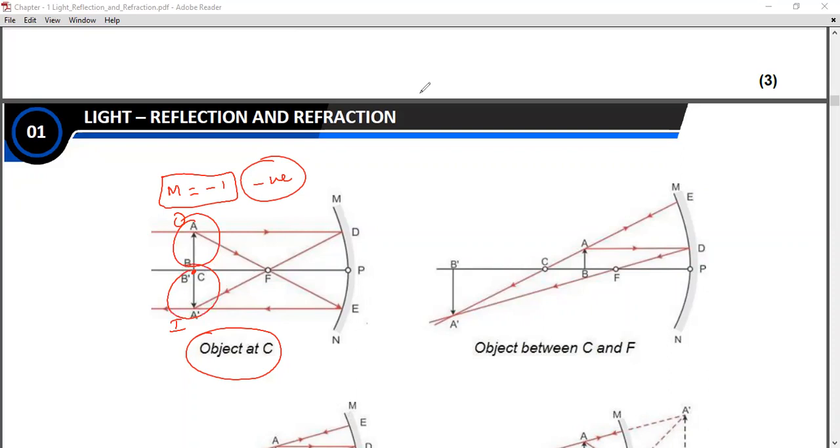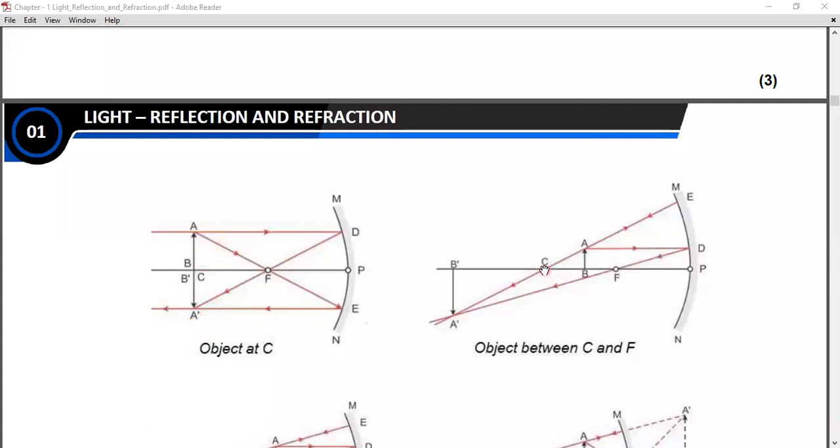Okay, guys. Now in the fourth case, when the object is kept between C and F, right? Then this is the object. You will be getting image beyond C like this. When object is between C and F, guys, then image is formed beyond C. Very important observation it is.